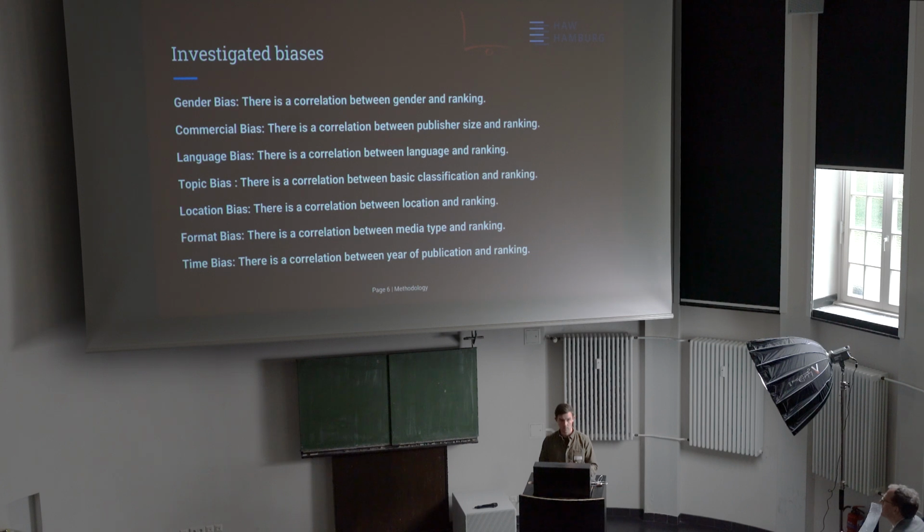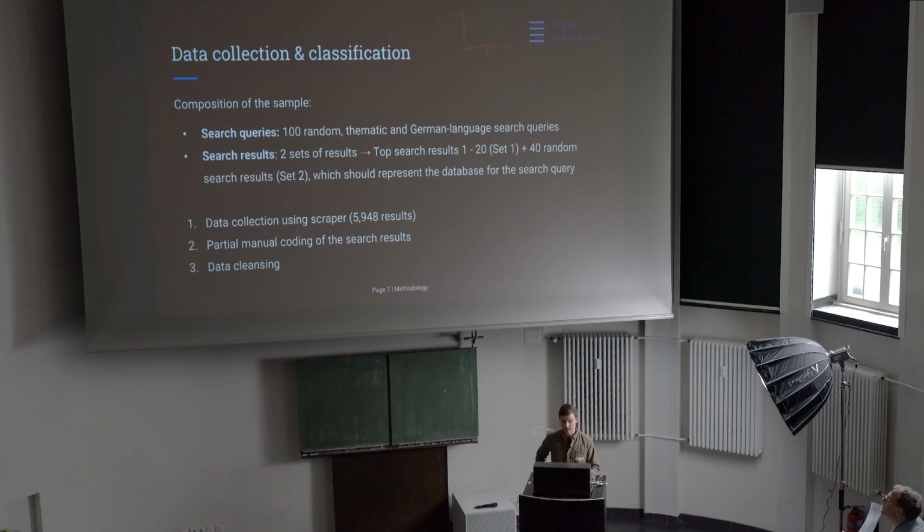We have 7 hypotheses and tried to answer these hypotheses with our quantitative study. We needed data to answer our questions, and so we had 100 random thematic and German language search queries, and for each search query we took 60 search results in two kinds of sets.